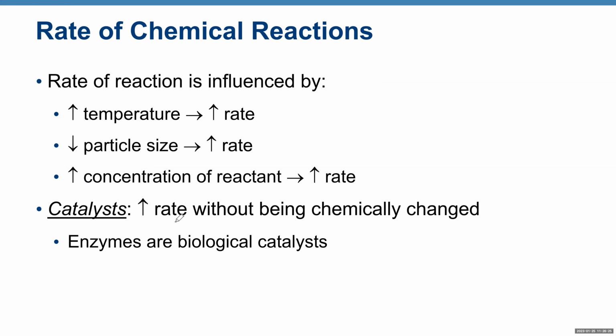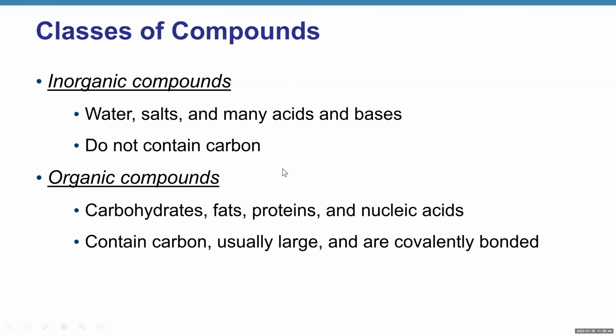Catalysts increase the rate without being chemically changed, and enzymes are biological catalysts. So enzymes are chemicals that increase the rate of reactions, but enzymes themselves are not changed during the reaction. I mean, obviously they participate if they do something, but they're not consumed, they're not changed.